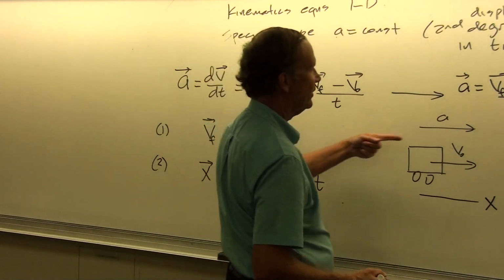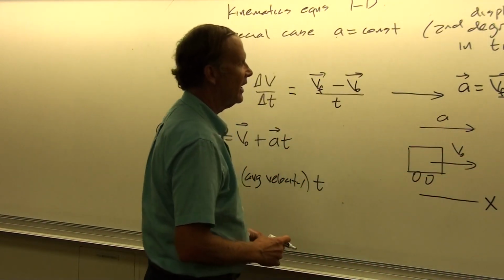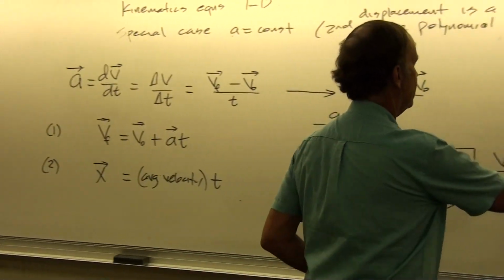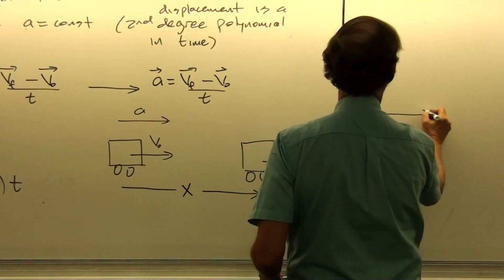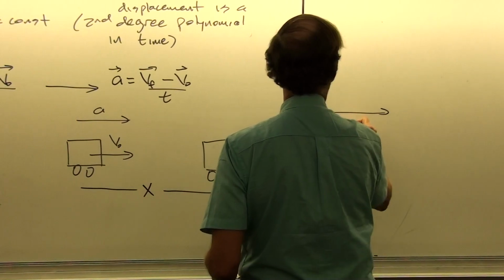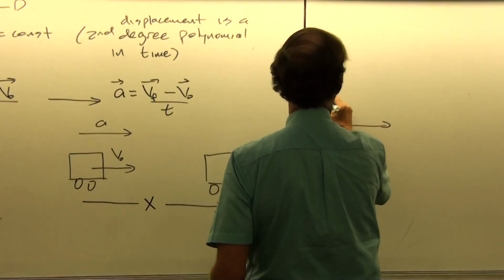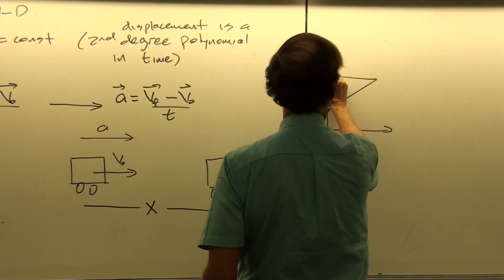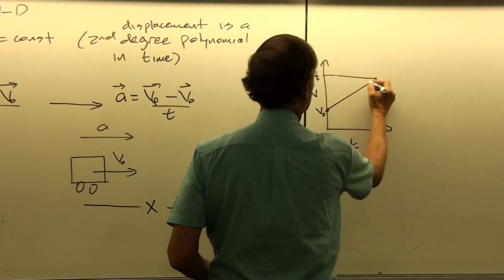Okay, so the acceleration is causing the velocity to change at a uniform rate. So again, we can look at the velocity versus time plot. You can see that we go from v0 to v final. So it's a straight line plot.